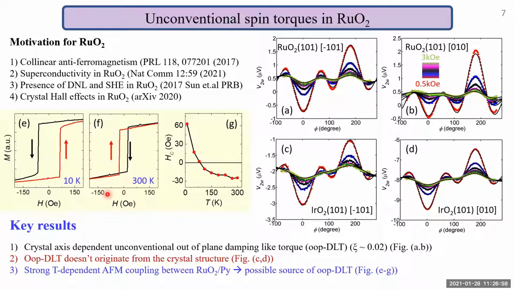It typically happens in systems where antiferromagnetic coupling is present. So we suspect that this antiferromagnetic coupling is the mechanism for this out-of-plane anti-damping torque, as it can break the mirror symmetry.